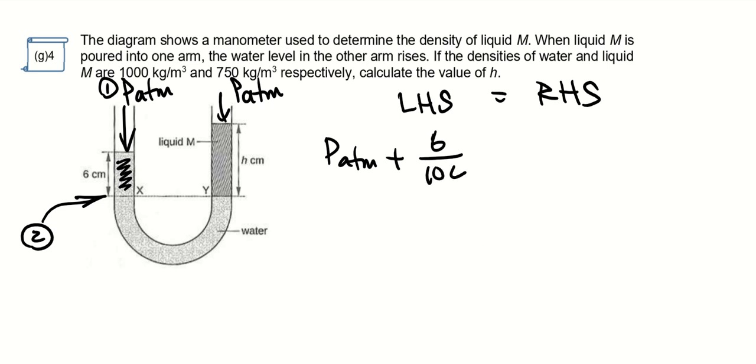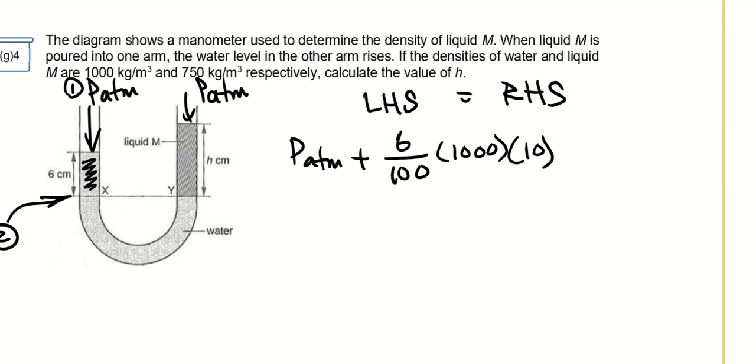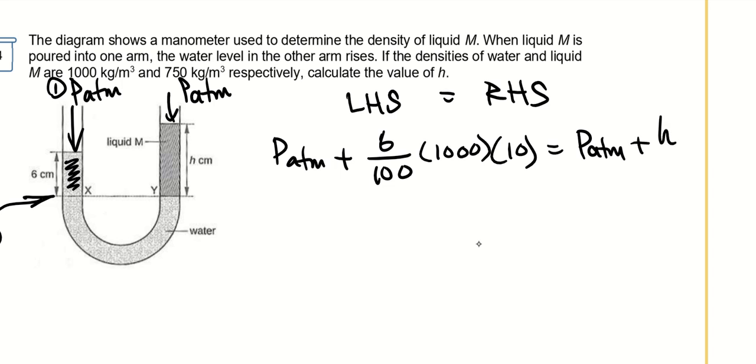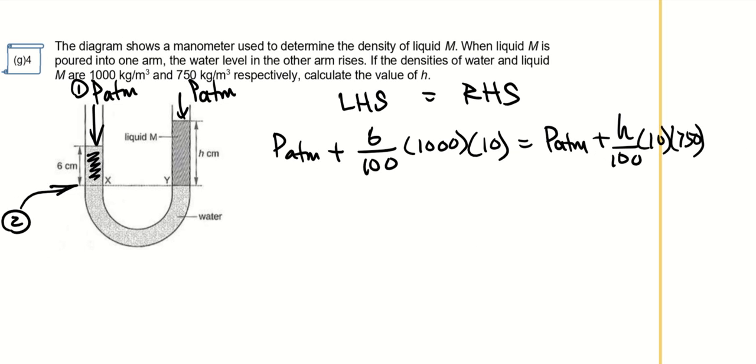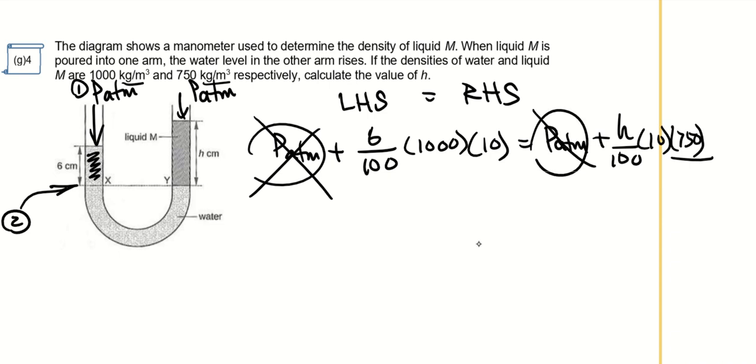I need to convert it to meters, SI unit, multiplied by the density of water, and multiplied by G. On the right hand side, it's actually PATM plus H cm worth of liquid M, multiplied by 10, multiplied by M's density. So this is given, and they are in SI unit, so we don't need to do any conversion. You notice that both sides have PATM, so we can cancel them out, right?